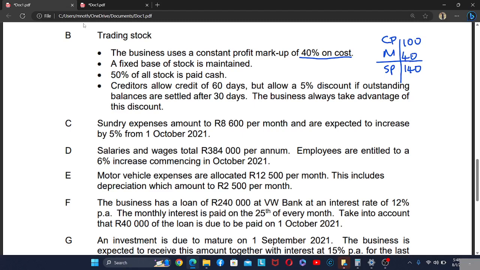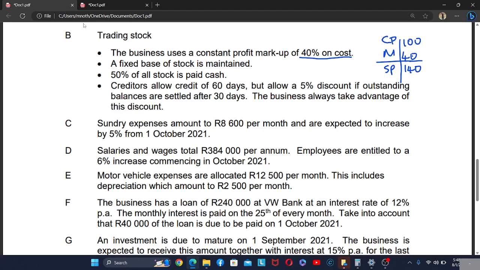A fixed base stock is maintained, meaning that whenever the business is selling the trading stock, the business will replace that stock in the same month. Even if the stock has been donated, even if the owner withdrew the stock for personal use, still the stock needs to be replaced.